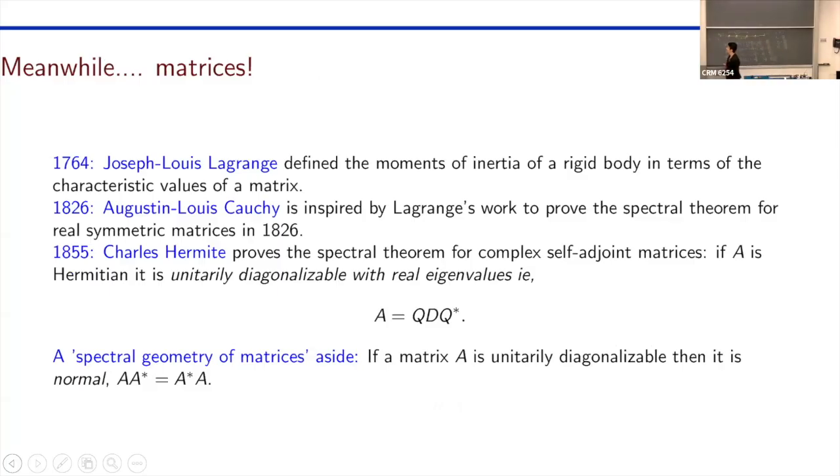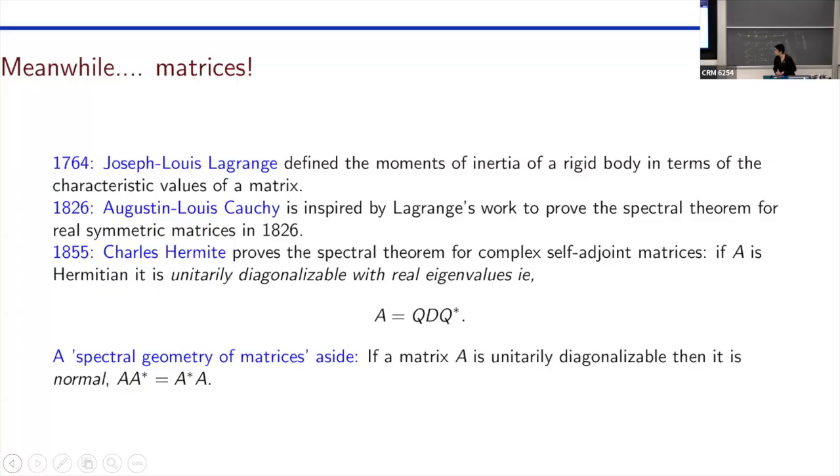Independently and sort of in parallel, Lagrange started to think about eigenvectors of matrices because he was thinking about the moments of inertia. Cauchy started to think about the spectra of real symmetric matrices, which is the hardest thing we ever tell our undergraduates in the linear algebra class, the spectral theorem.